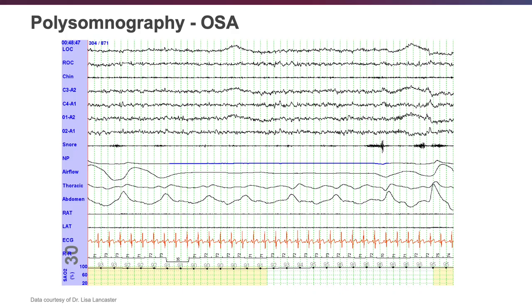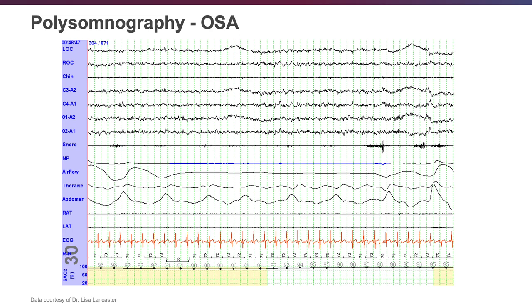So what do we see that's illustrative of sleep apnea when we look at all the squiggly lines on polysomnography? I'll ask you to look about 2/3 down on the left at the NP, that stands for nasal pressure, and the airflow channels. And if you'll notice, for about 2/3 of the tracing, they are flat, meaning airflow is not going through the airway.